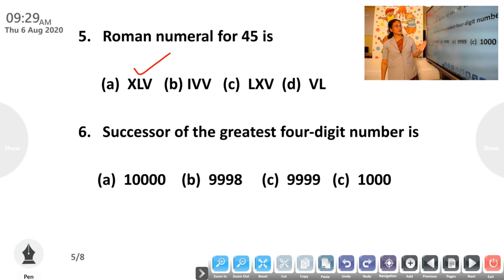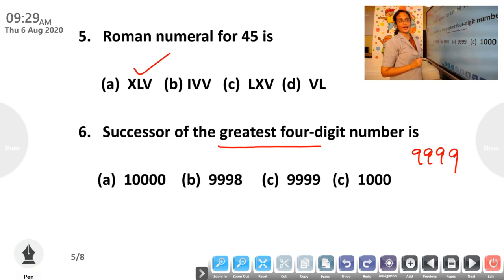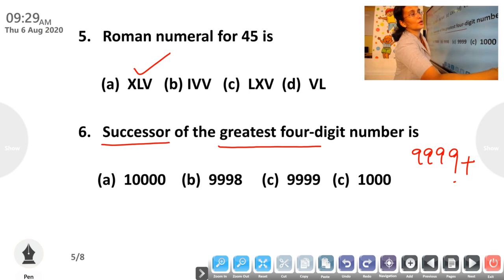The next one, successor of the greatest 4-digit number is. Which is the greatest 4-digit number? It is 9,999. Okay. How to find the successor of a number? To find the successor of a number, you have to add 1.